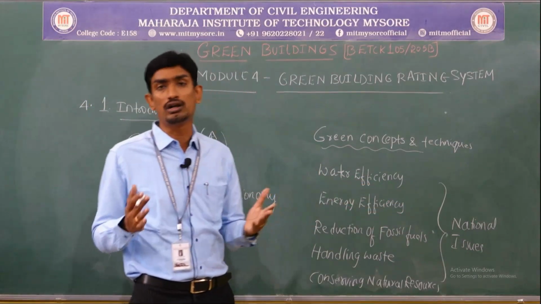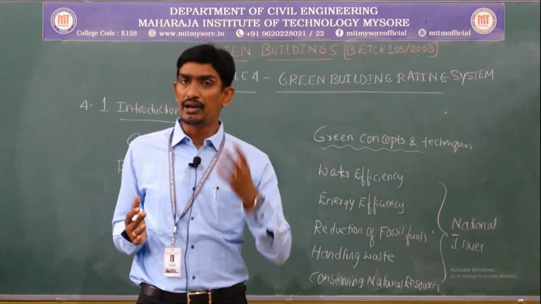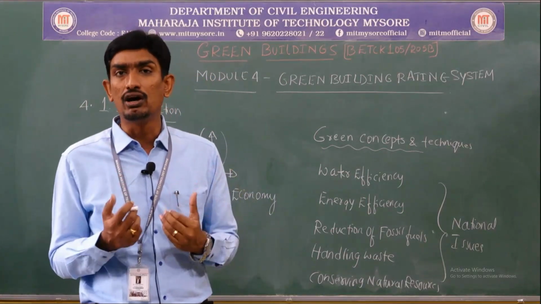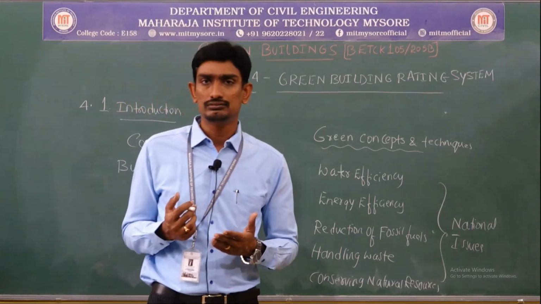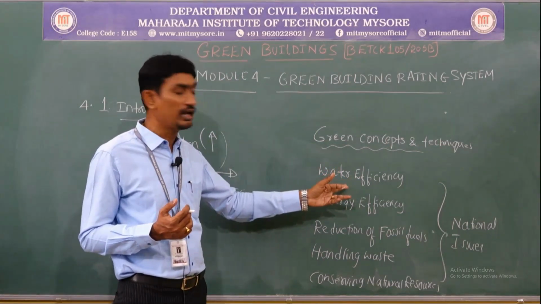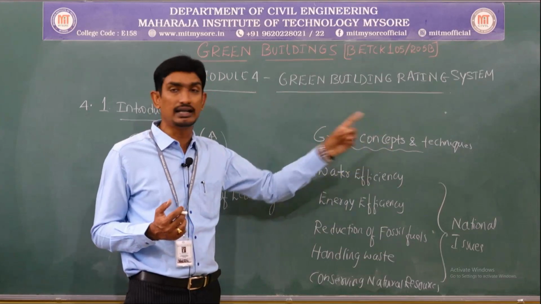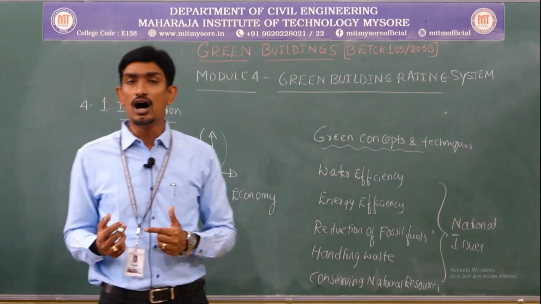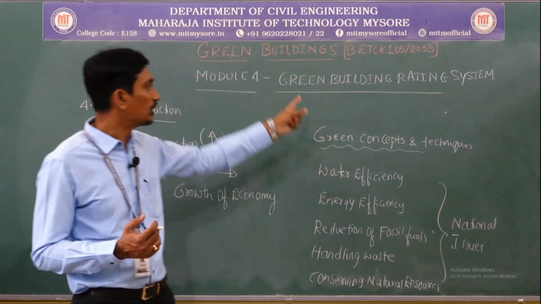We should not waste water because water is a precious thing we need to preserve for our future. Is it clear? So efficiently using the water is one of the green concepts and techniques we need to adopt in order to attain the green building.